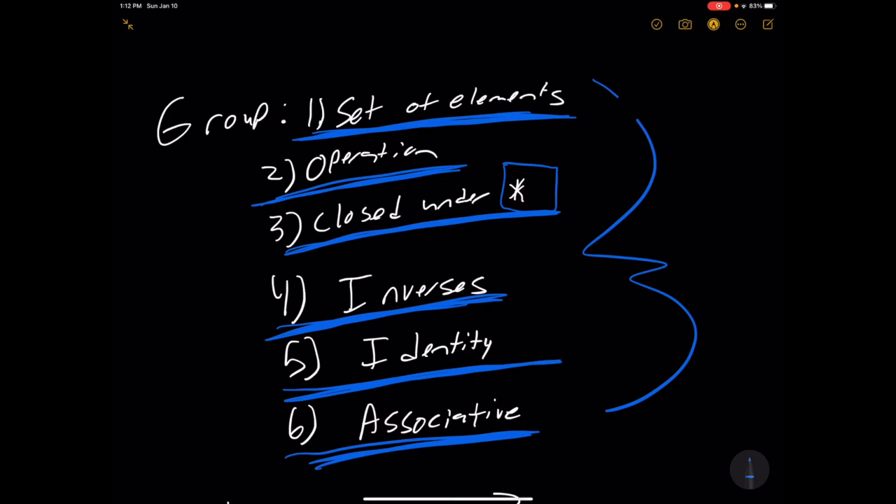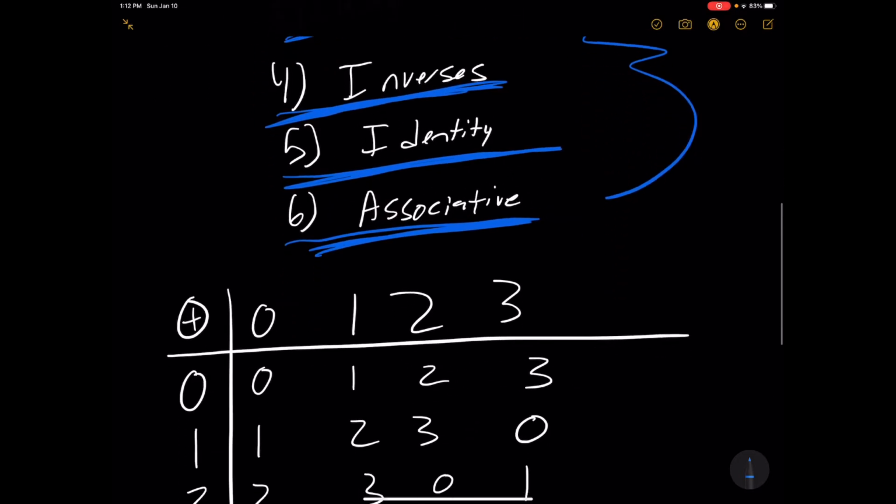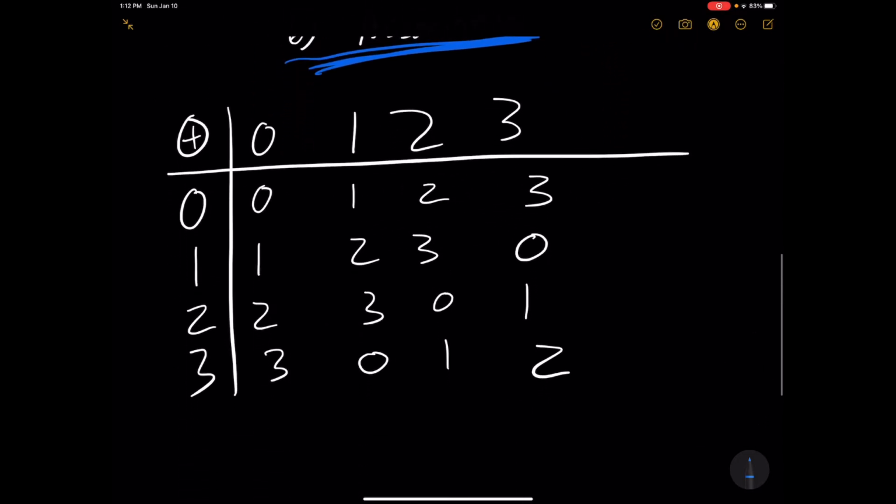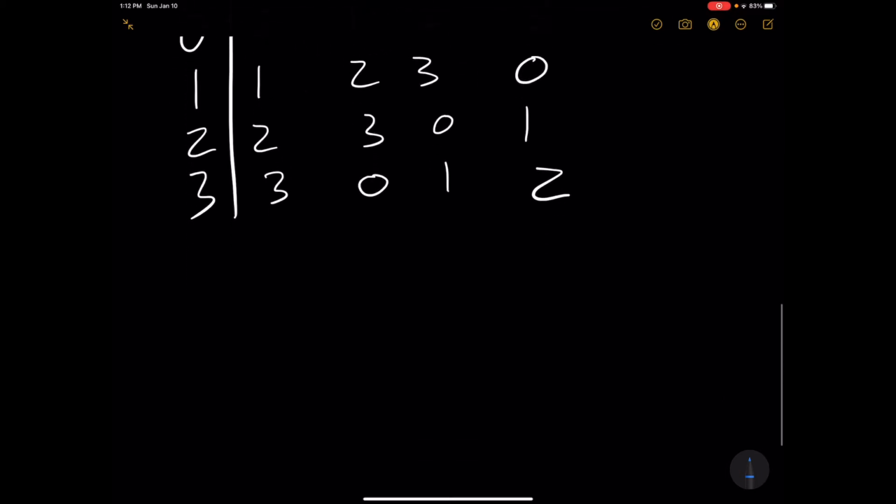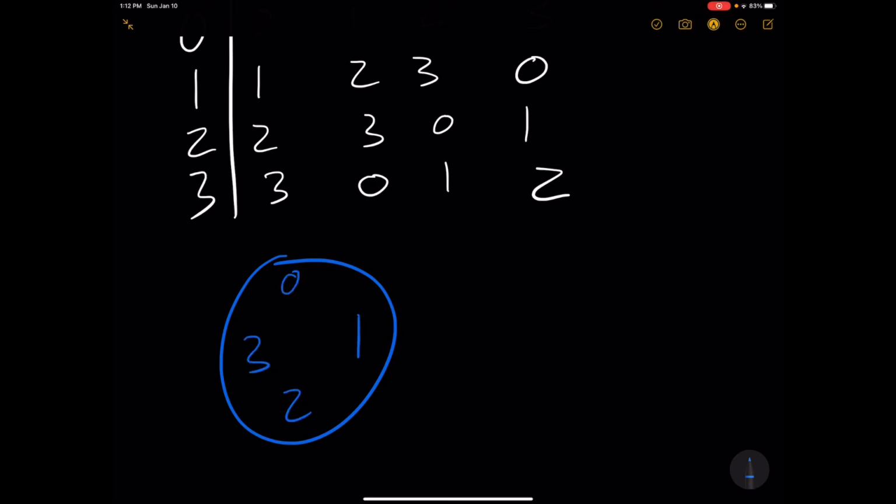Okay. And so we're going to use the clock group, a 4-hour clock, and a 4-hour clock would look something like this. We have the 0 hour, we have a 1, a 2, and a 3, and you can imagine that if you're at the 1 hour and you add, let's keep it in the group, let's add 2 hours to that, well, that's 1, 2.